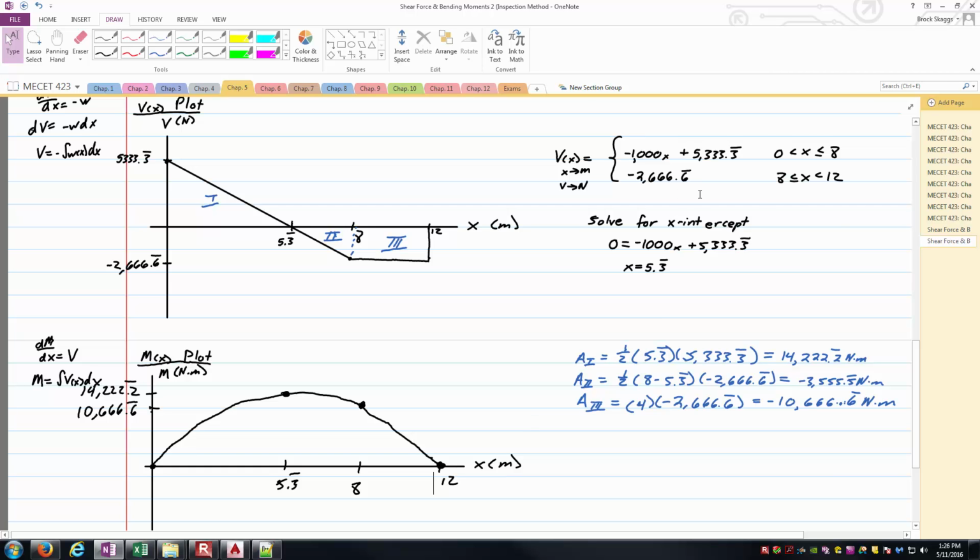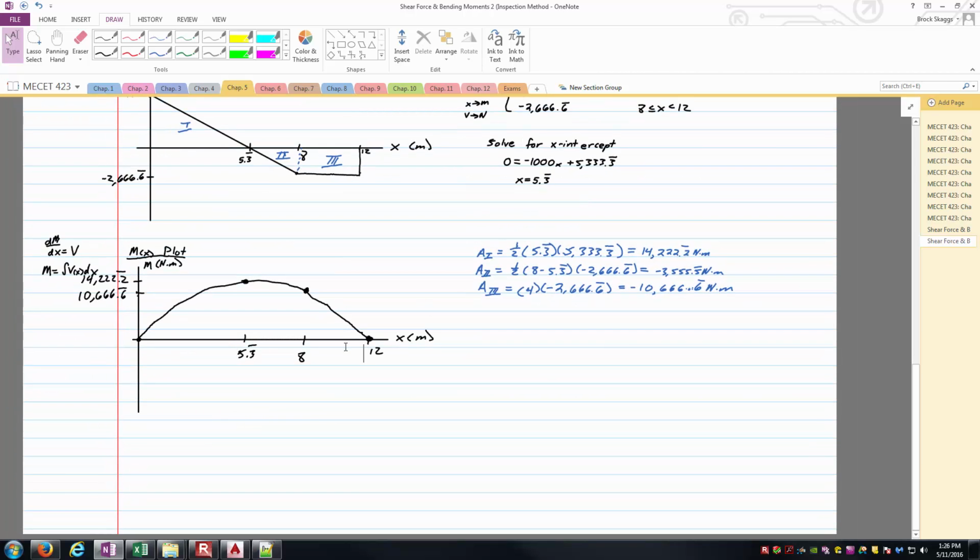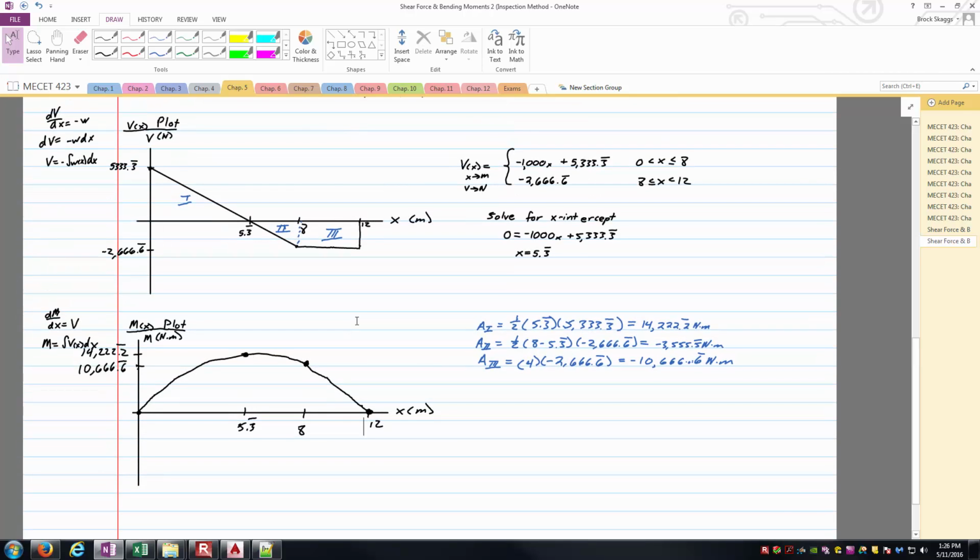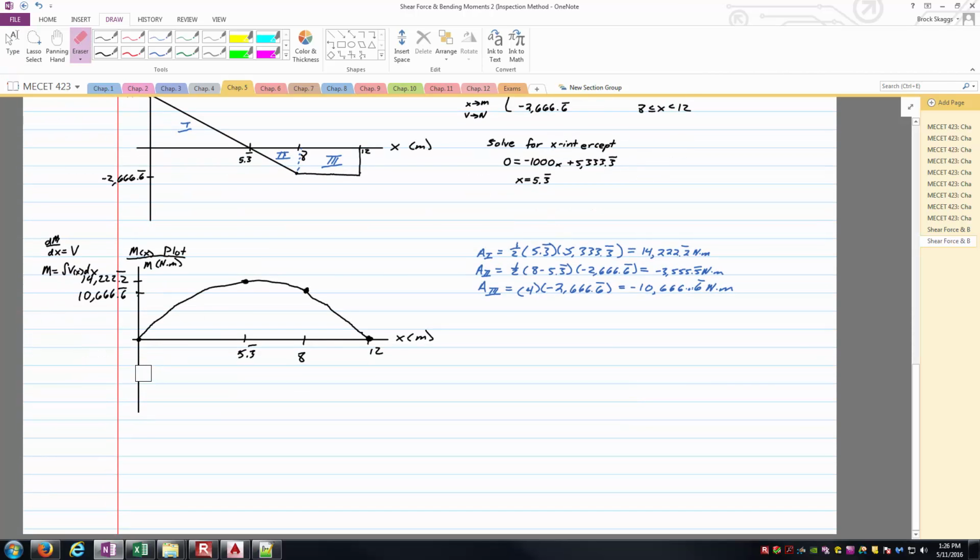Okay, so next the only thing that's left to do is come up with the equations, descriptions of the bending moment as we walk along the length of the beam. And here, especially on the parabola, it's very important that we remember this relationship, or else it's going to be very difficult to solve for the equation of that. And so let's start with that.